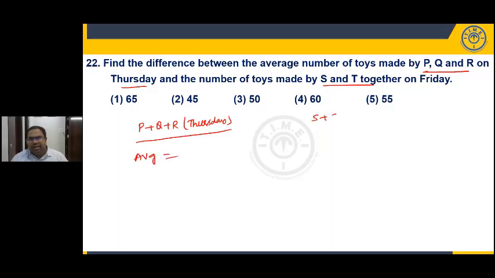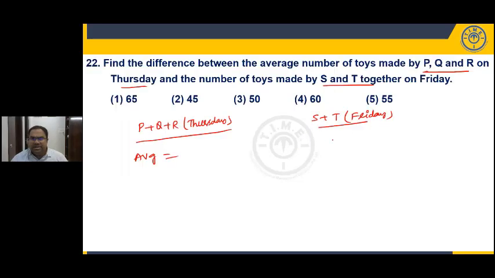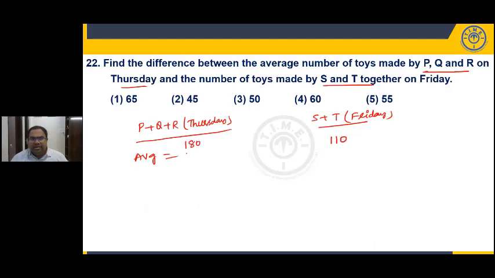S plus T together, we want their total on Friday. I can look at the graph now. S and T on Friday, 50, T 60. 50 plus 60, 110. Average we have already discussed: sum of all quantities by the total number of quantities. P, Q, R Thursday, the first bar. 75 plus 45, 120, plus 60, 180. Average means 180 by 3, so it is 60. So what's the question? Difference. 110 and 60. What's the difference between these two? 50.